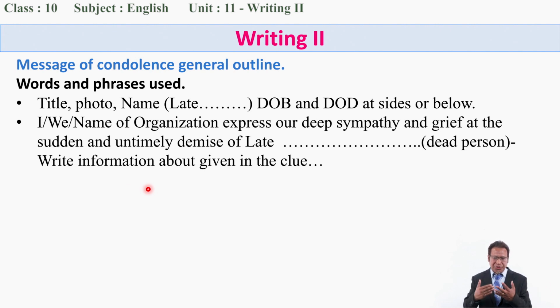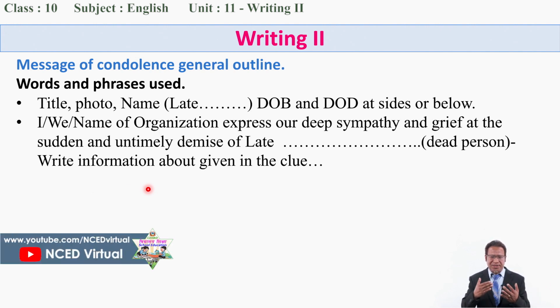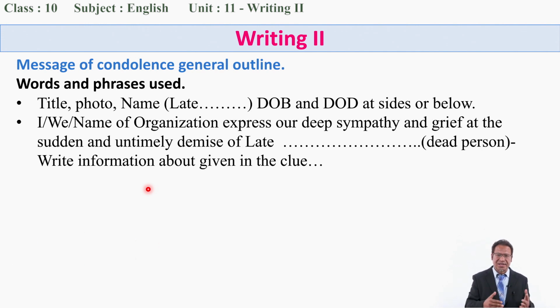We express our deep sympathy and grief at the sudden and untimely demise of late Satyamohan Joshi, centenarian, the legend, and the primary figure, writer, scholar of the Newa community. So you can just write around the other introduction. This is your structure.